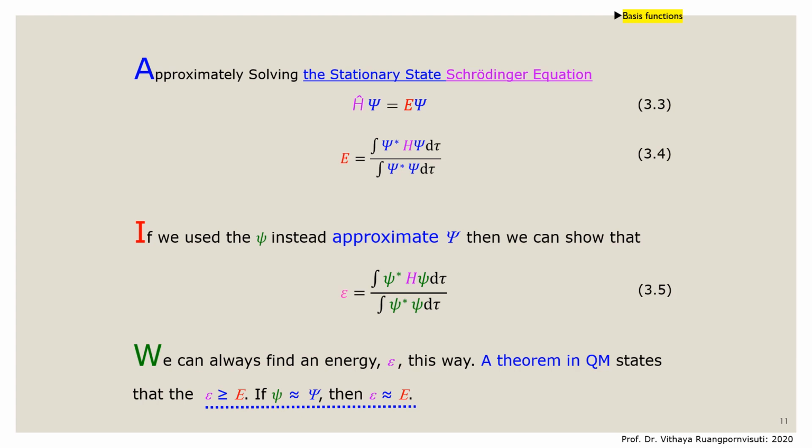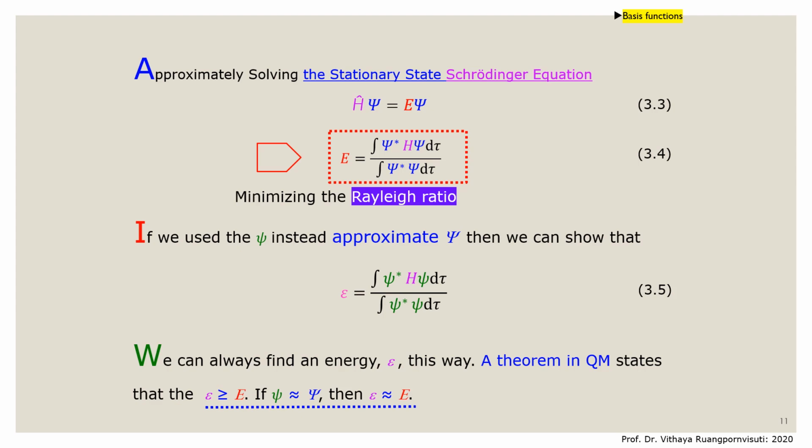Approximately solving the stationary state Schrödinger equation, equation 3.3: the Hamiltonian H acting on wave function capital psi equals the exact energy capital E times wave function capital psi. To calculate the exact energy, we use the Rayleigh ratio.